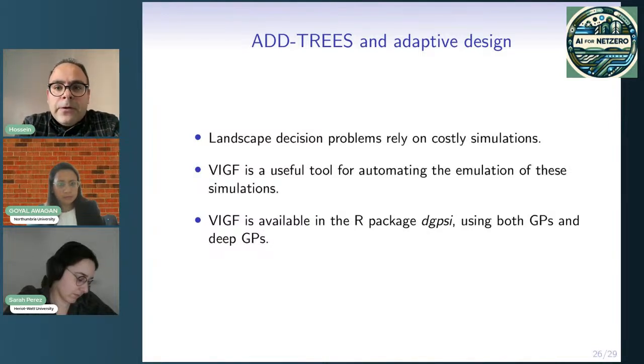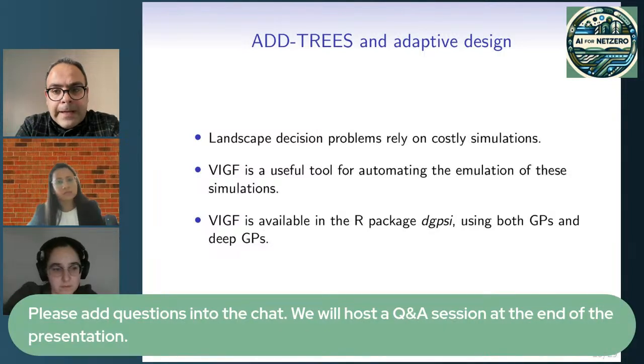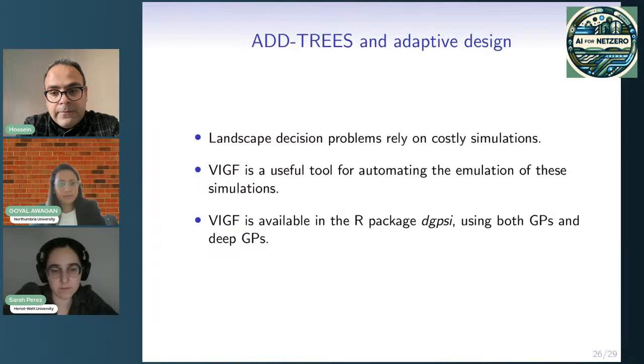In the At3's project, we need to run a lot of expensive simulations regarding landscape decision. In this regard, using adaptive methods, especially VIGF, could be very useful for automating the emulation of such complex models.